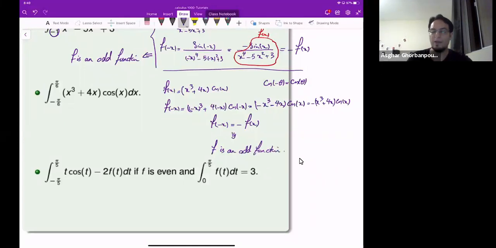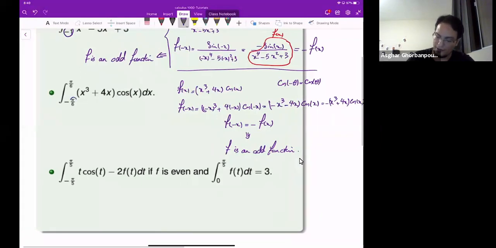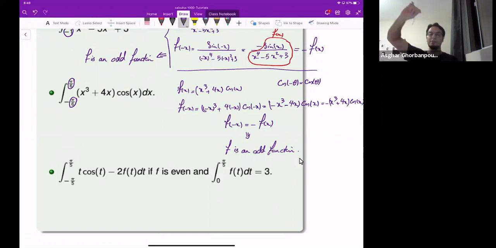And when you have an odd function and you go from negative a to a, it's very important. If you have different limits for the integral, that won't be true. But here, from negative pi over 6 to pi over 6, this is always going to be 0.